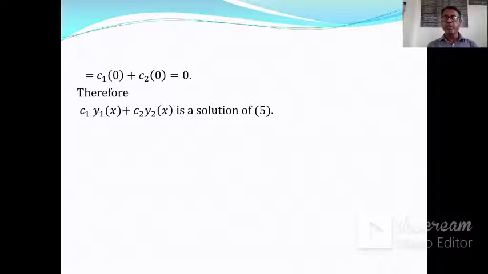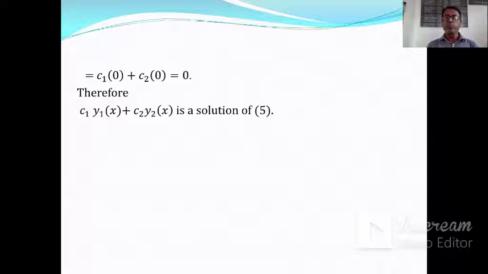For that purpose, in the left hand side of equation 5, we substitute y by C1 y1 of x plus C2 y2 of x, and we see that we are able to obtain the right hand side, which is 0.